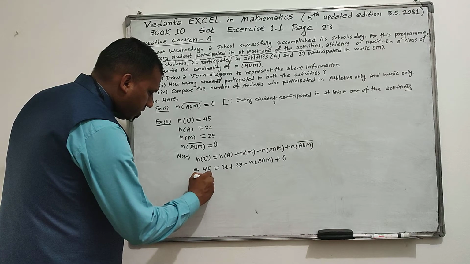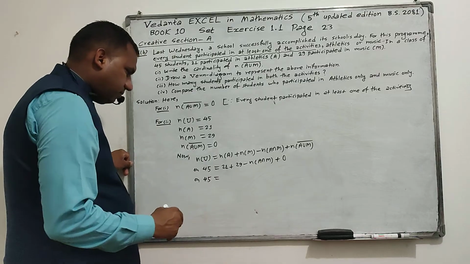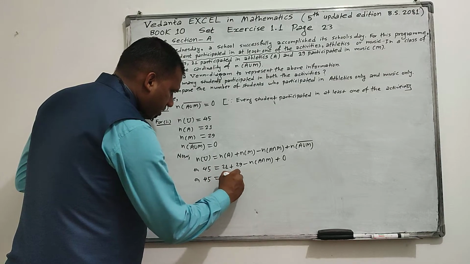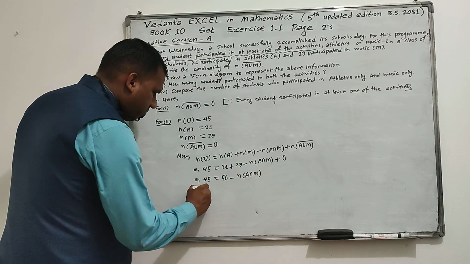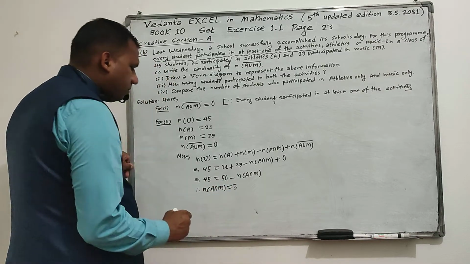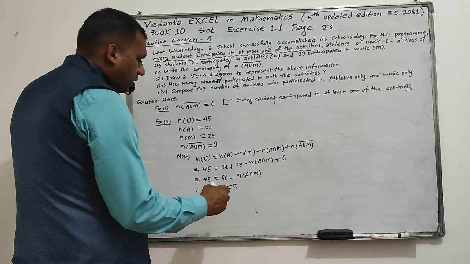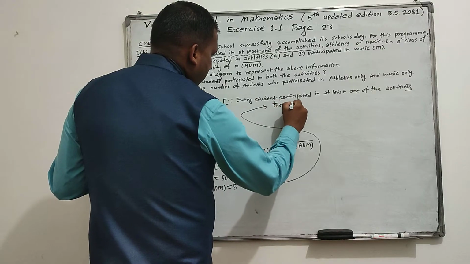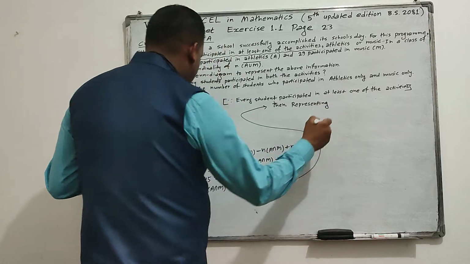Or 45 equal to 29 plus 21, that is 50, minus number of A intersection M. Therefore, number of A intersection M equal to 5, that is 50 minus 45, 5. Then, representing in our Venn diagram.